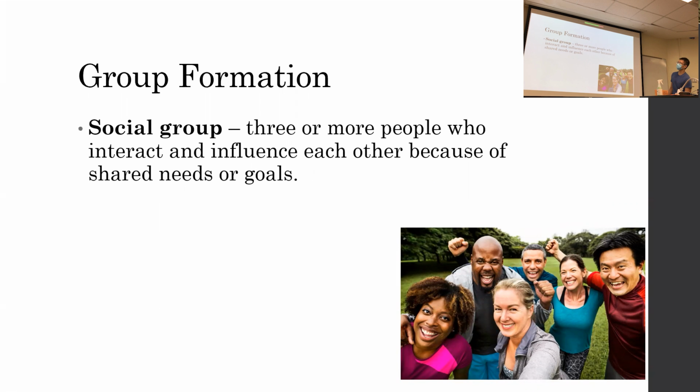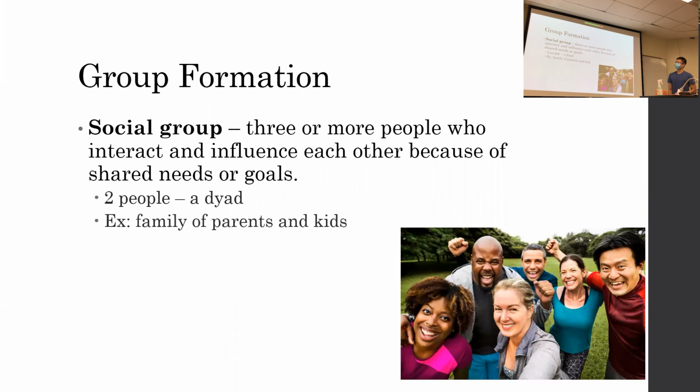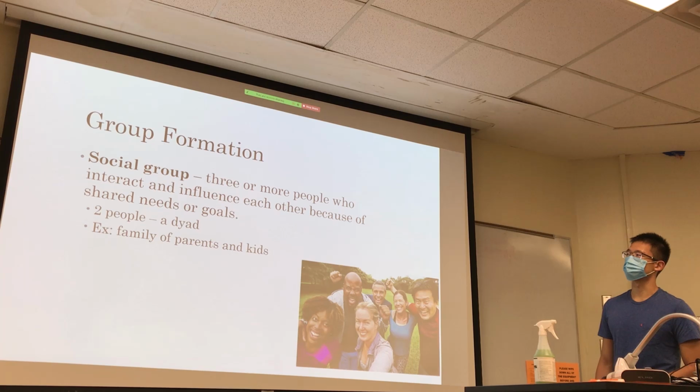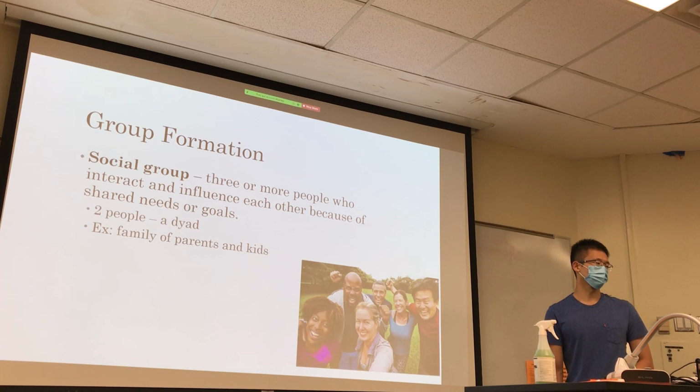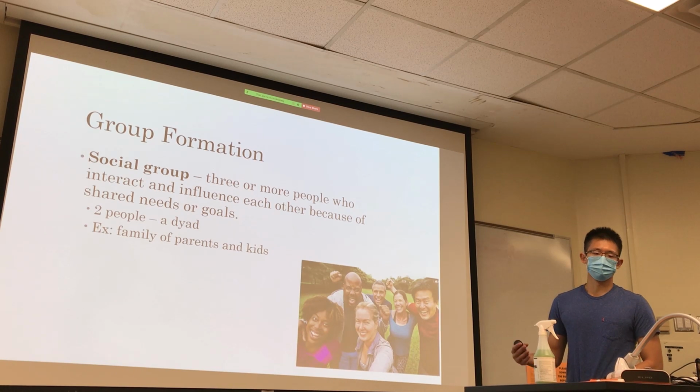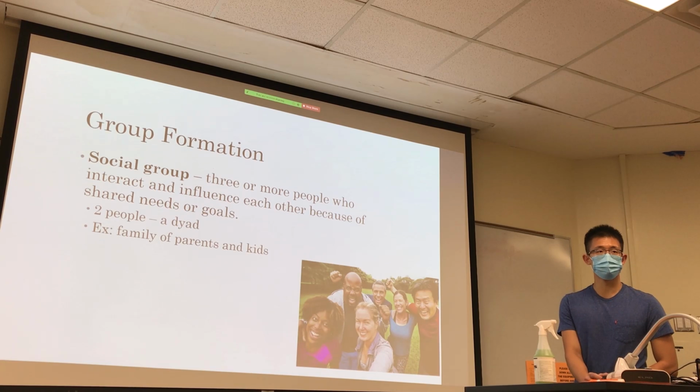A social group is when three or more people interact and influence each other because of shared needs or goals. When we have two people, we usually call it a dyad. We don't usually call it a group. For example, a family of parents and kids we'll call a social group. What else would you call a social group?